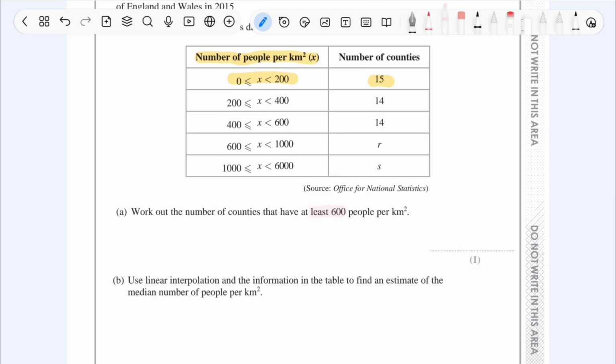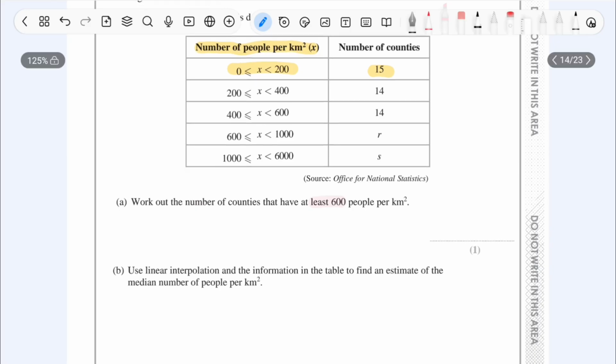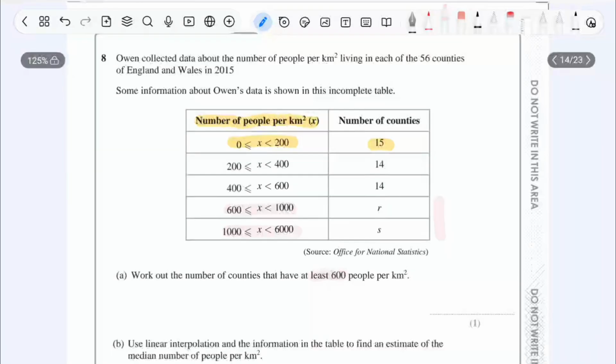If it says more than 600, you typically assume this to be 601, 602, for example. That's just something useful for all exams. So that's these two columns here, because as you can see, this is 600 to 1000, and this is 1000 to 6000, and they are all greater than 600. So R plus S, well, we don't really know what R plus S is, but we're given another key piece of information here, 56 counties.